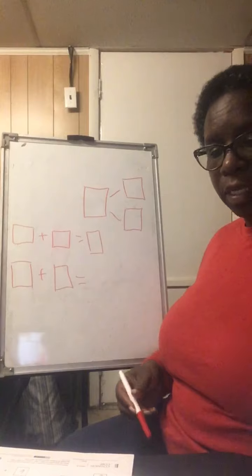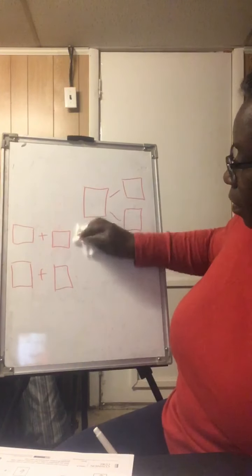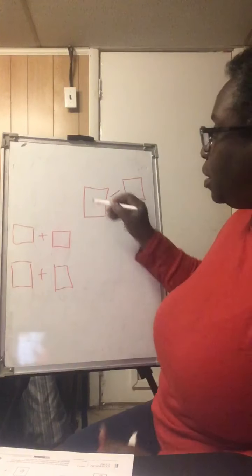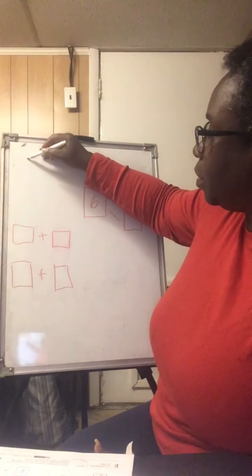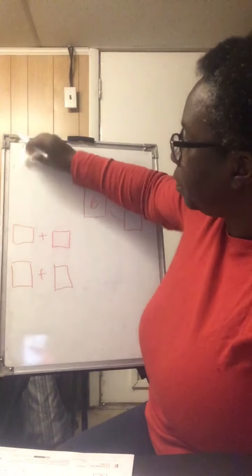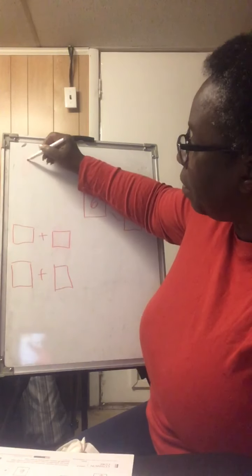Actually, it's just plus signs because we know our whole number was 6 because we had 6 apples. That doesn't look like an apple, does it? We had 6 apples.